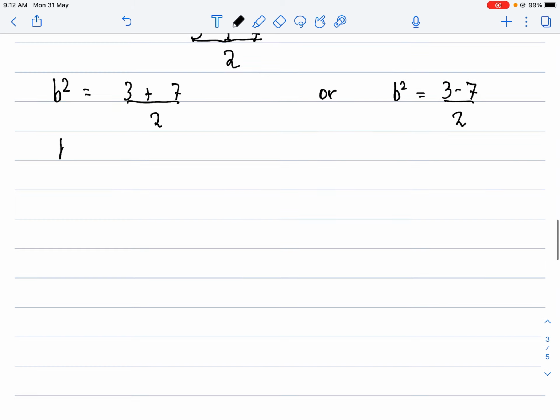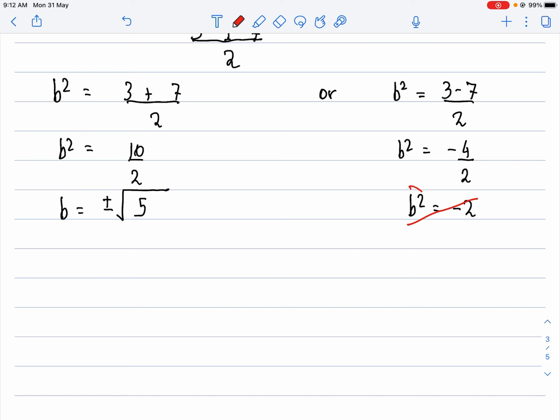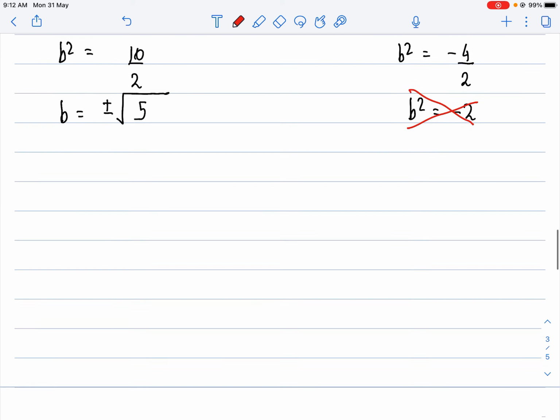So b square equals 10 over 2, which gives me b as plus or minus root 5. This other one cannot be solved, because I get b square equals -2 here, and the square root of a negative number is not possible. So I only focus on this.